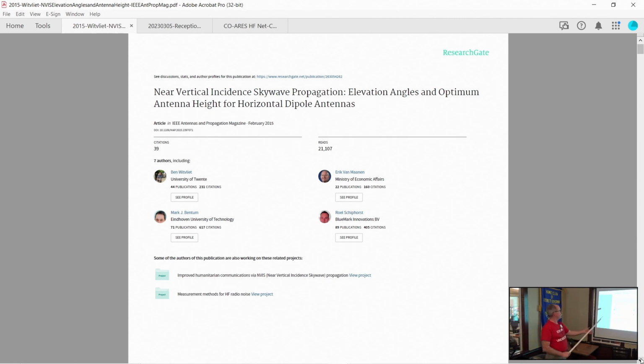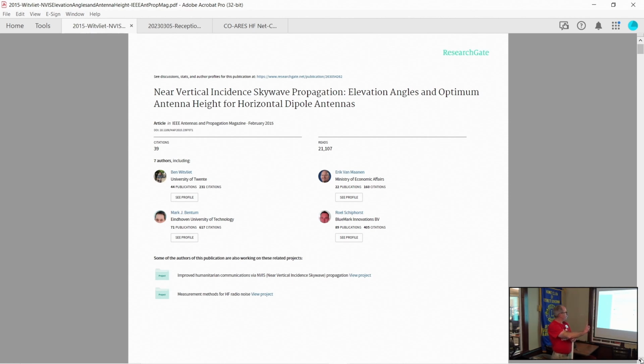Ben Whitlivet is the primary author here. He was with the University of Twente in the Netherlands, and they're big RF folks out there at that university. But in the Wikipedia article that I did give you a link to, down in all of their footnotes, all of their links to their sources for their article, there is an original link to this, which is dead, and then they have a link to the Internet Archive, which is good, which gives you this report.